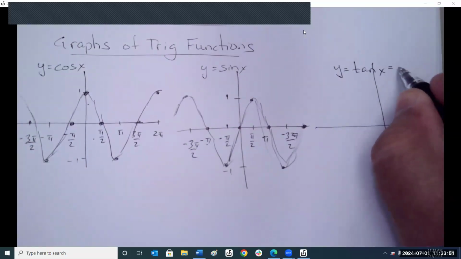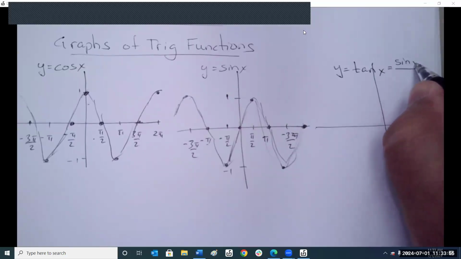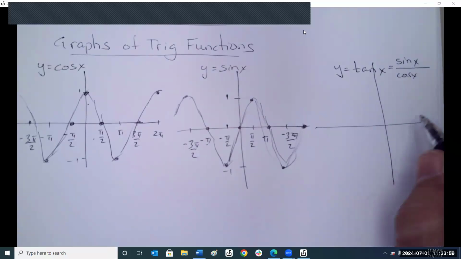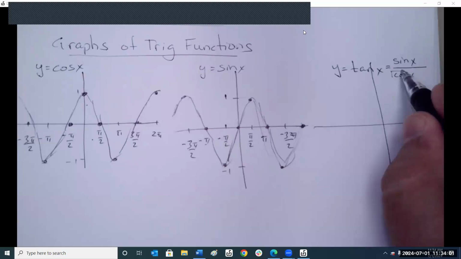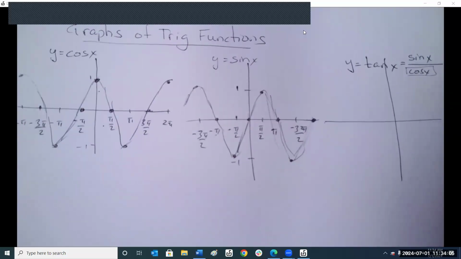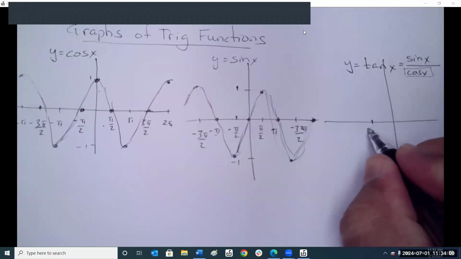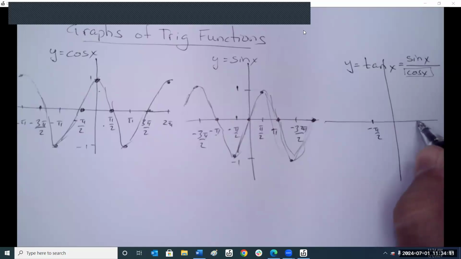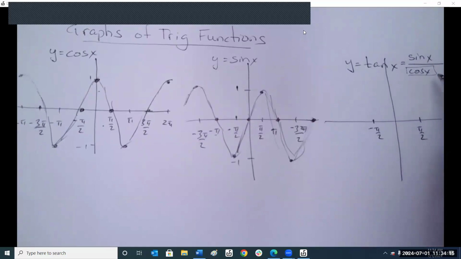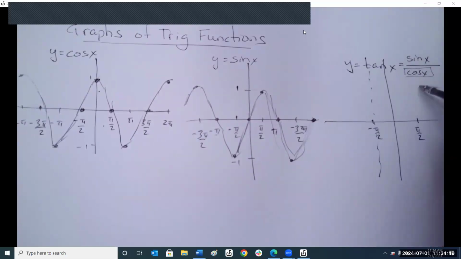Since tangent is made up of sine over cosine, it is bounded by the cosine function on the x-axis. Anywhere the cosine function is 0, which is at negative pi over 2 and pi over 2, the function has a vertical asymptote.